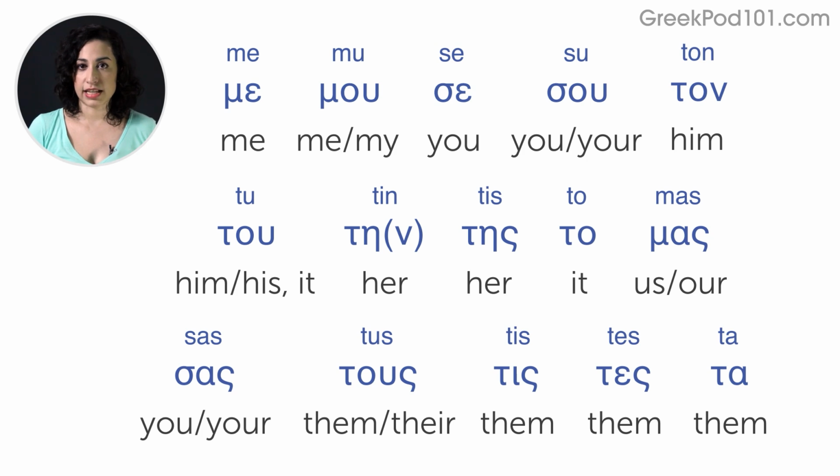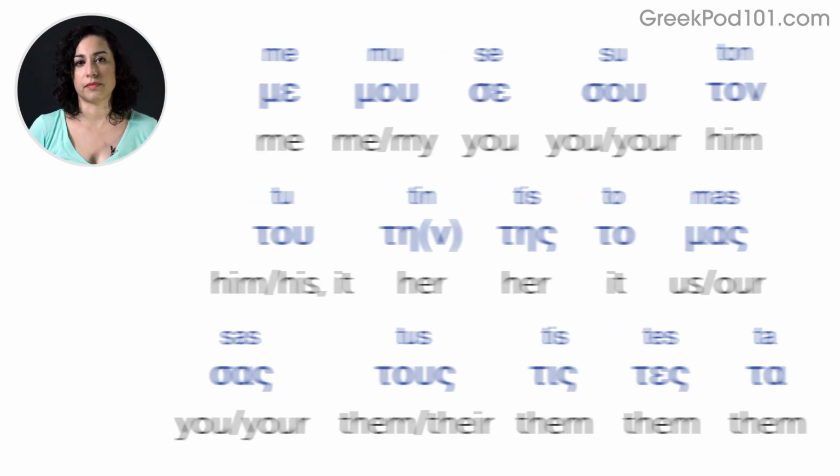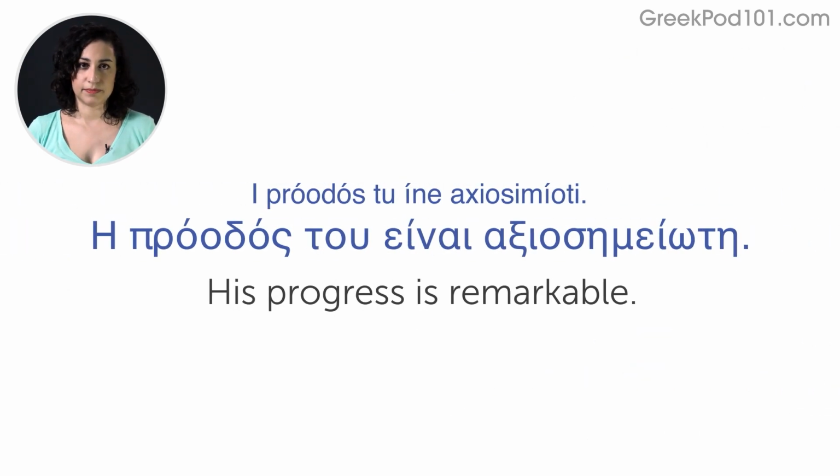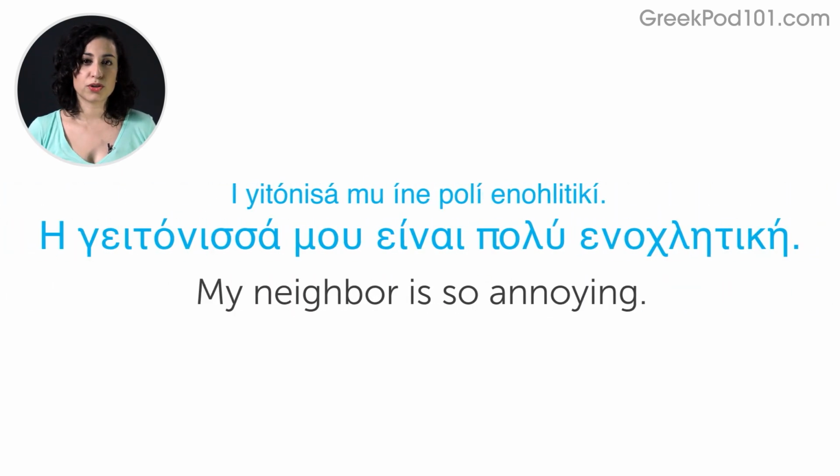Although these monosyllabic pronouns normally don't get an accent mark in written speech, except for some special cases that we mentioned in our previous video, we do stress them in oral speech. When these words cause enclisis, their stress moves to the last syllable of the word before them. Let's see some examples. Η πρόοδός του είναι αξιοσημείωτη. His progress is remarkable. Η γειτόνισσά μου είναι πολύ ενοχλητική. My neighbor is so annoying.